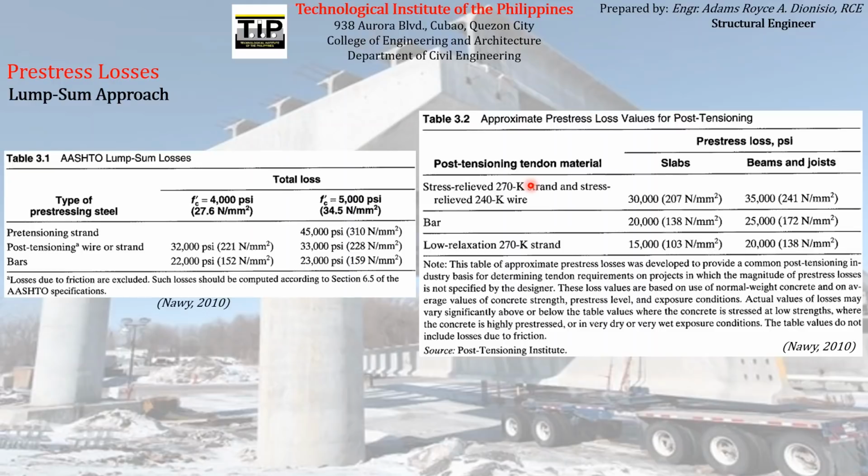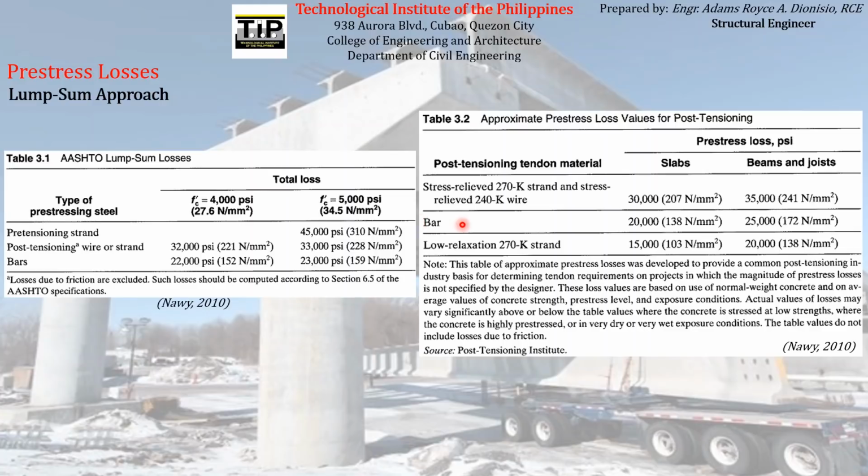So according to this table, if you use a pre-stressing reinforcement of stress-relieved 270 K strand or 240 K wire, the estimated total pre-stress loss that will be experienced by that reinforcement is 30,000 psi or 207 megapascal for slabs and 35,000 psi or 241 megapascal for beams and joists.